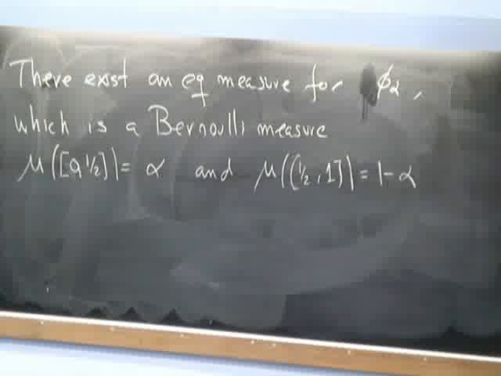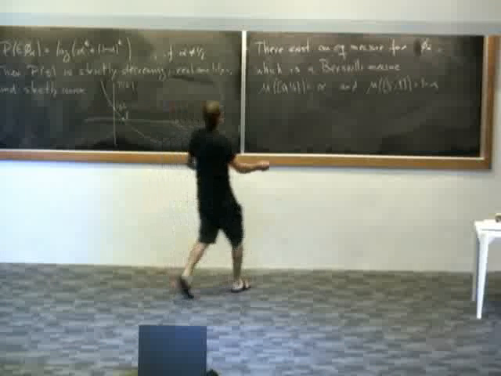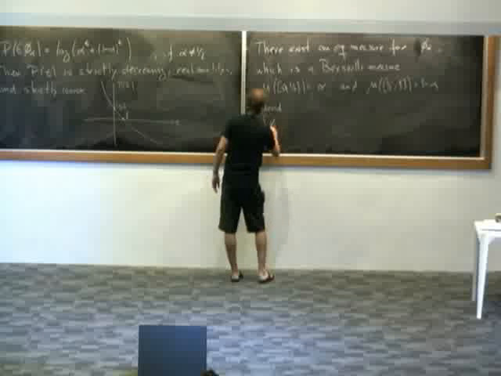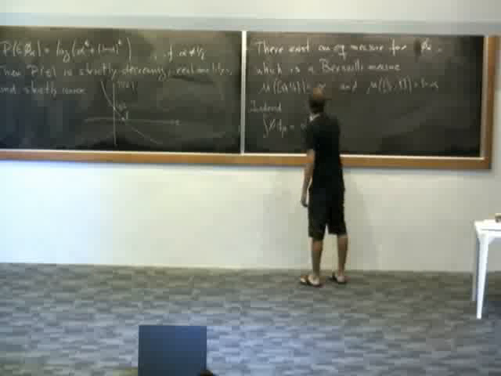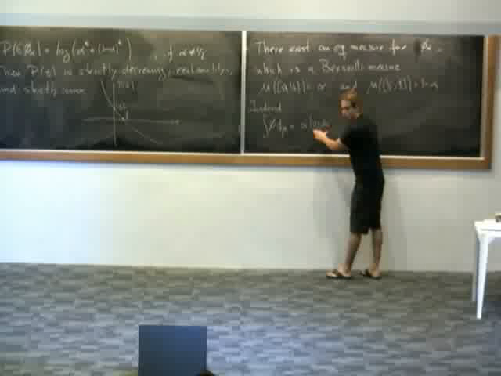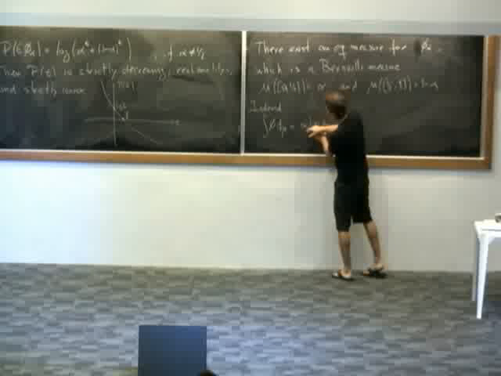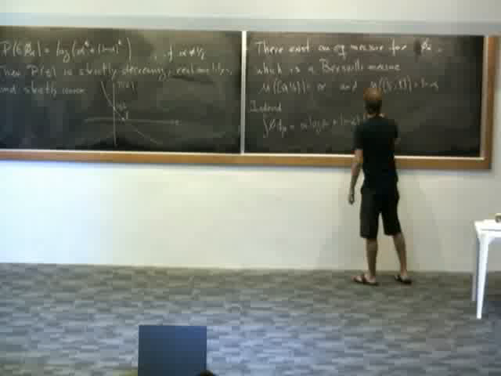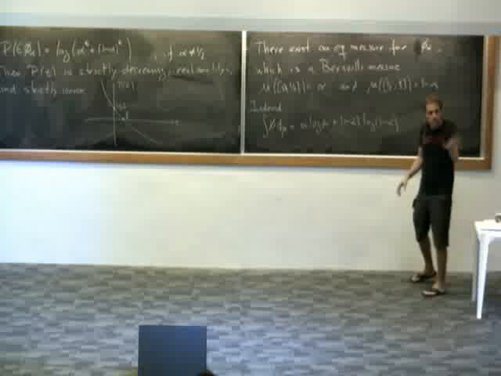I know that actually this is an equilibrium measure because I know that the pressure is 0. I can compute the integral of phi with respect to this measure: it is alpha log alpha, the potential weighted log alpha in the first interval, and the measure is alpha. And the other one is 1 minus alpha log 1 minus alpha. It's locally constant, so it's a sum.